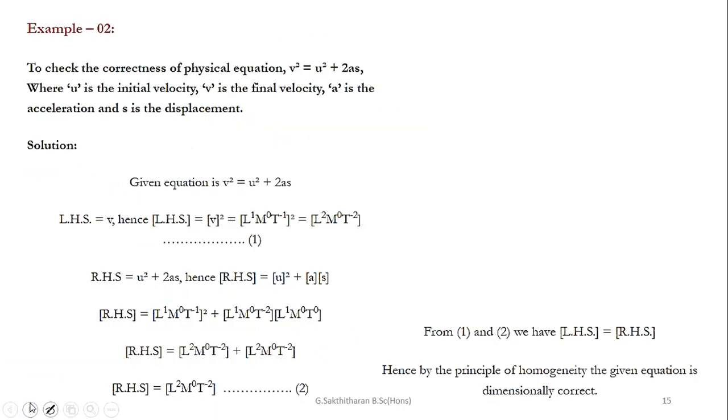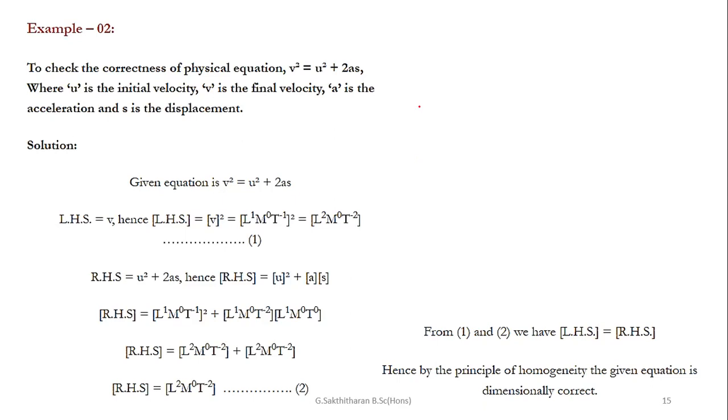Another example of correctness of a physical equation: v square equal to u square plus 2as. Here v is the final velocity, u is the initial velocity, a is the acceleration, s is the displacement.